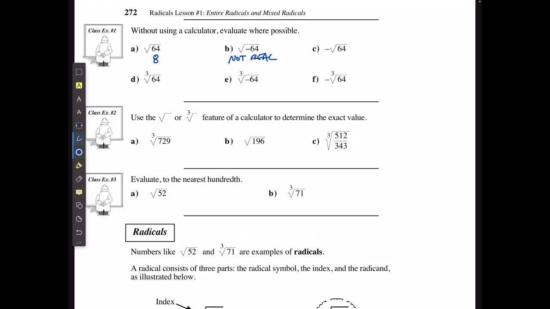The negative square root of 64 is going to be negative 8. Just take whatever the square root of 64 is and then flip the sign. If I have the cube root of 64, that's going to be 4. The cube root of negative 64 actually does work. That is negative 4. And if I take the cube root of 64, which is 4, and then multiply it by a negative 1 on the outside, it's still just going to be negative 4.